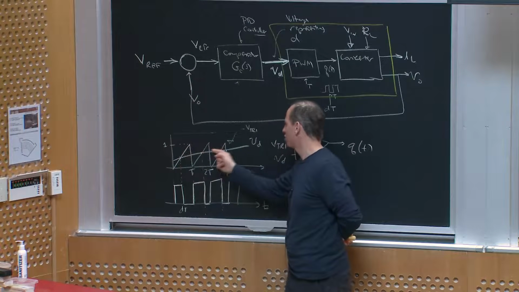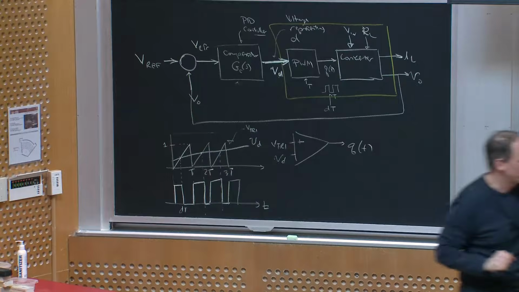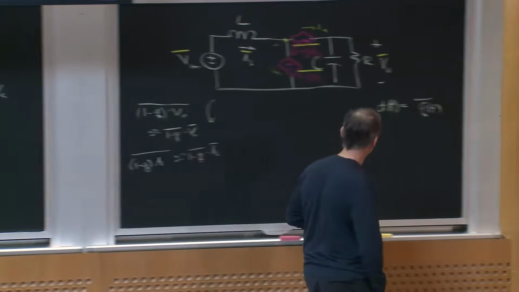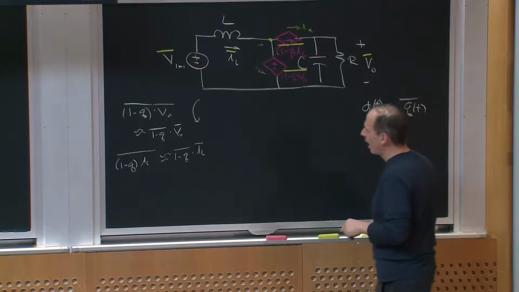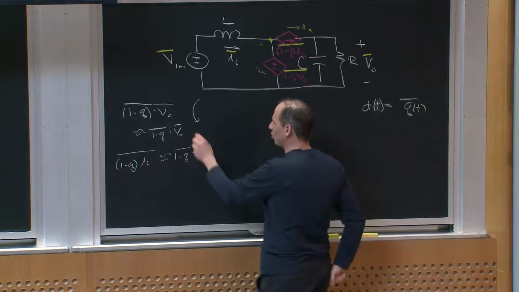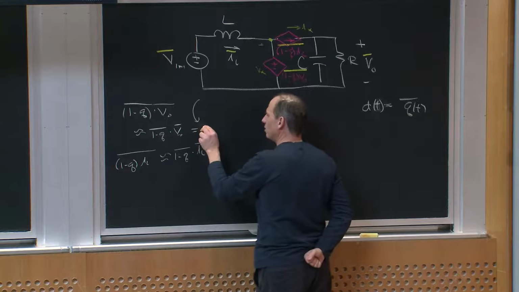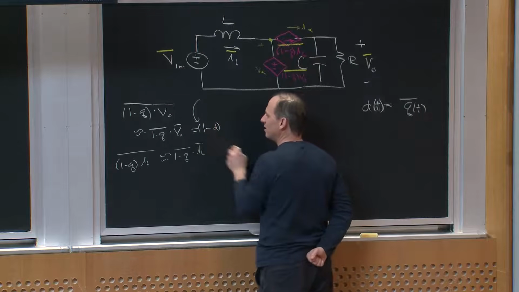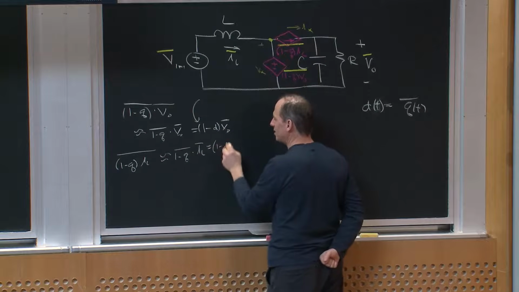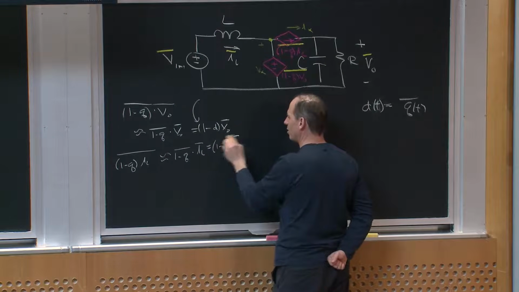But if D of T is changing only slowly, that's a pretty good model to within half a cycle. So then I could replace this: 1 minus Q becomes 1 minus D times V out bar, and 1 minus D times IL bar.